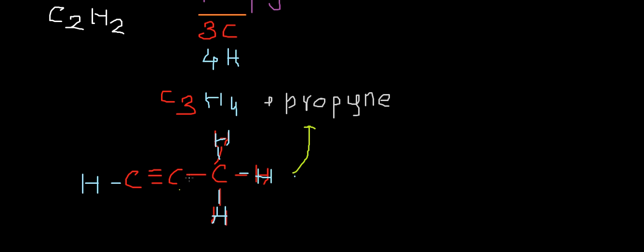Now there doesn't exist a triple bond between these two carbon atoms. You will ask why. Because the tetravalency of the carbon has been satisfied, since it has 3 hydrogen atoms ready to share.